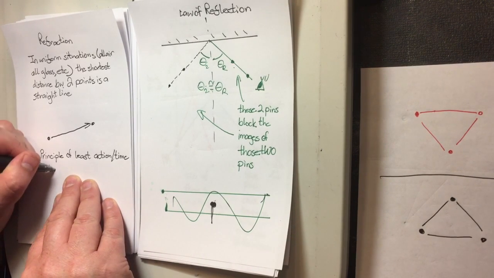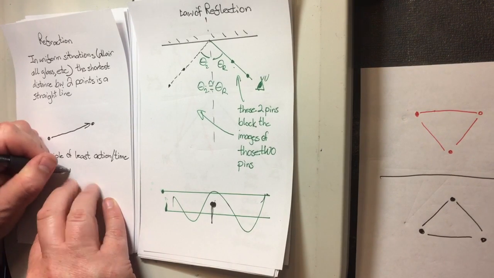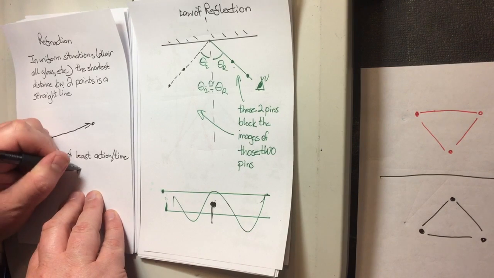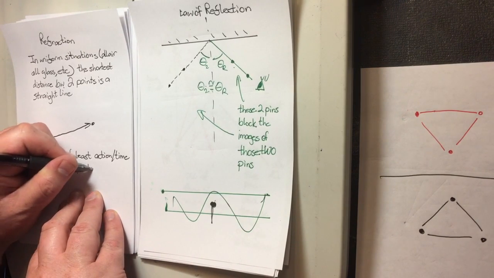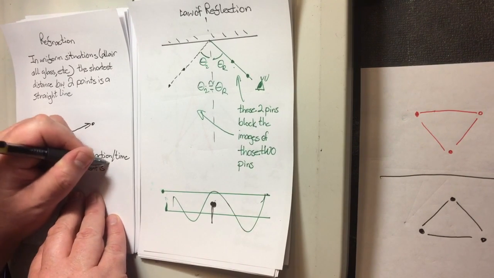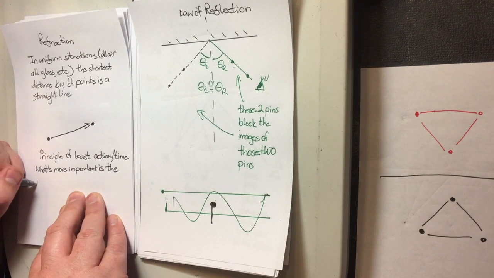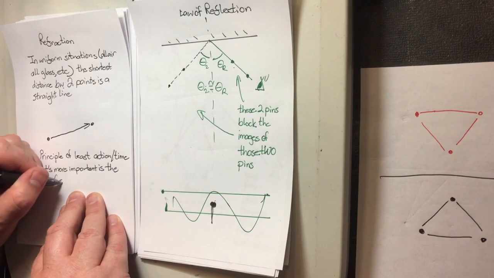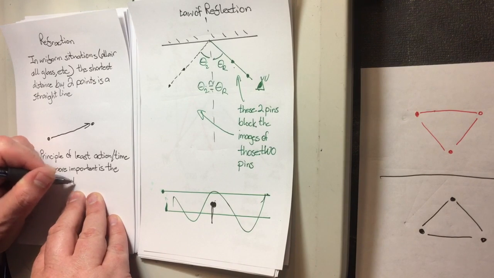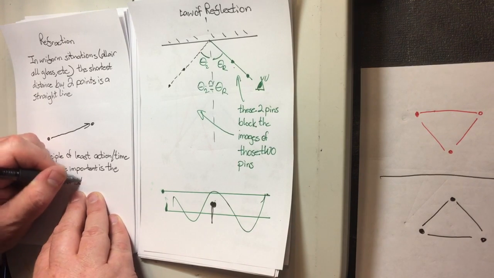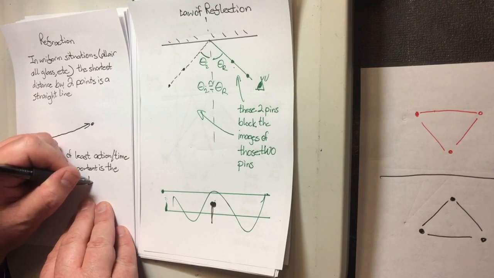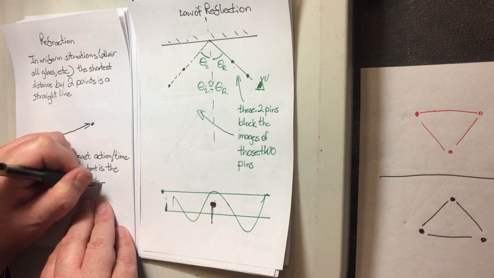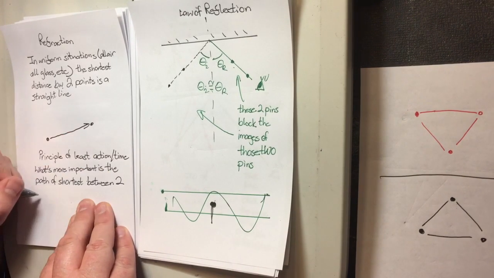What's more important is the path of shortest time between 2 points.